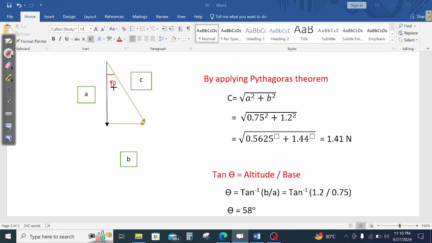I have already mentioned that the side in front of theta is altitude, and this side is base. The value of altitude was 1.2, and the value of base is 0.75. So by dividing these two terms and taking the inverse, tan inverse, you will get 58 degrees. Then your direction of resultant force is 58 degrees.